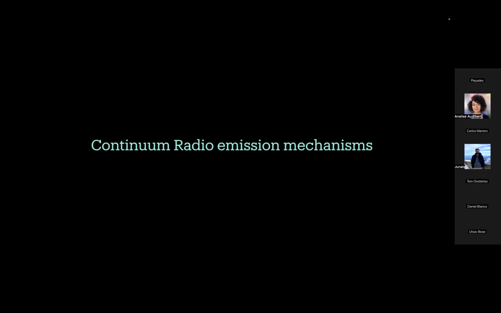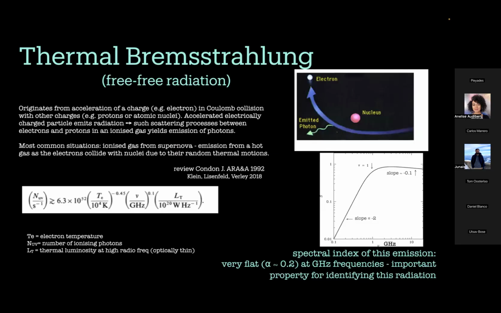So now I just wanted to tell you a little bit about the emission mechanism. Of course, I don't want to give a full lecture, but just to remind you that there are two main mechanisms that can give you the radio continuum, the HI another time. One is thermal Bremsstrahlung, the free-free radiation, so just free electrons accelerated. This happens especially as a result of ionized gas around the supernova.